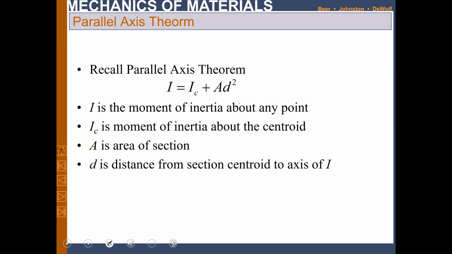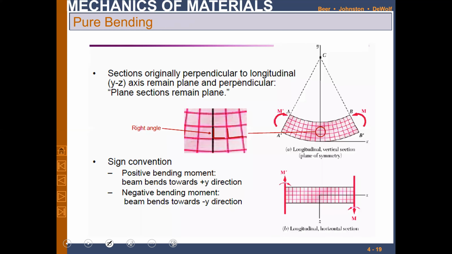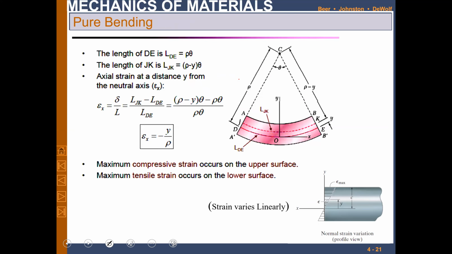So it is the sum of the I about the centroid, and then the area of the particular shape times d squared, and d is basically the distance from the section centroid, that is C. So we add up both these quantities, so we get the I of that particular shape about any other point other than the centroid.